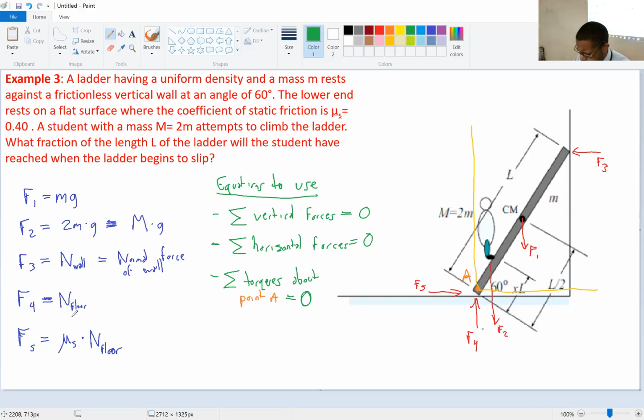But the fourth equation that he uses is that the static force, so we're considering the point right before the ladder starts to slip. So we could say static friction.